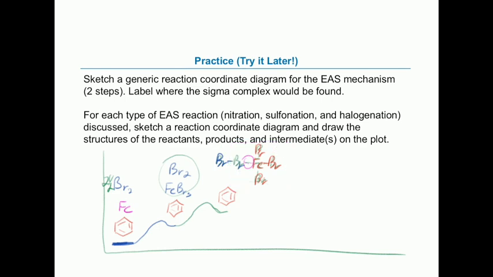Once we've got that, that's where we can engage to make our sigma complex. This is where we've got our aromatic ring, H bromine cation, which is balanced against FeBr4 minus.